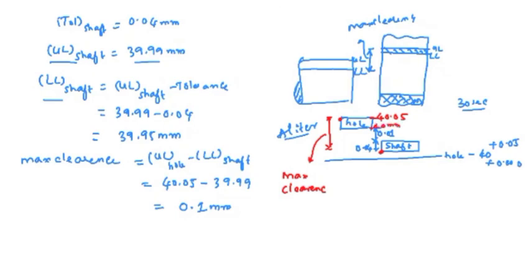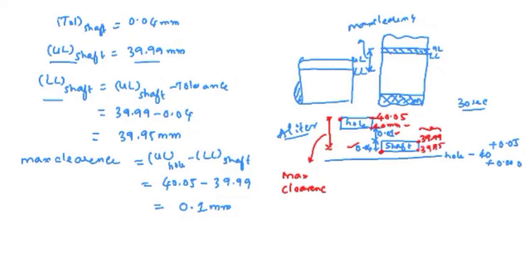From this, the distance is 0.01, so the upper limit of the shaft corresponds to 39.99, which is 40 minus 0.01. With the tolerance as 0.04, if you subtract 0.04 from 39.99, you get the lower limit as 39.95.